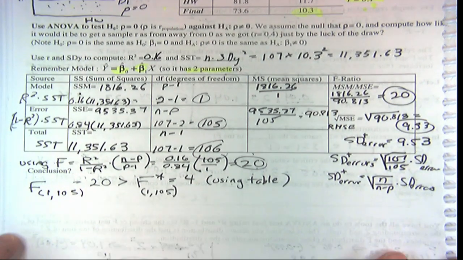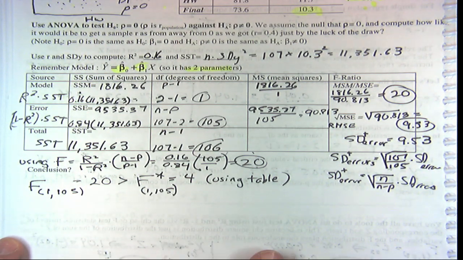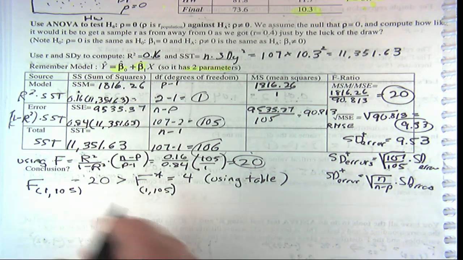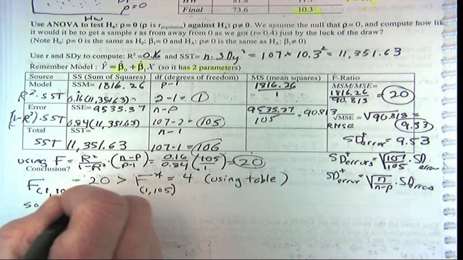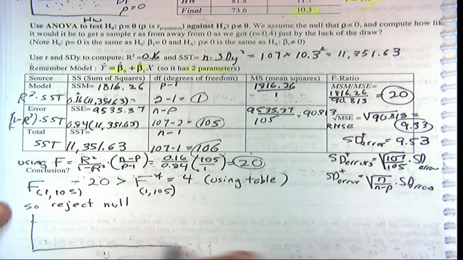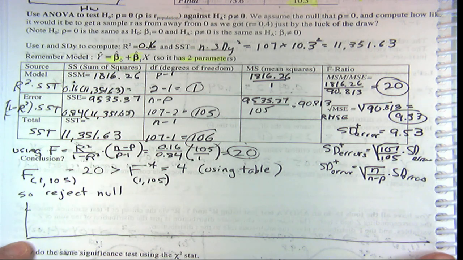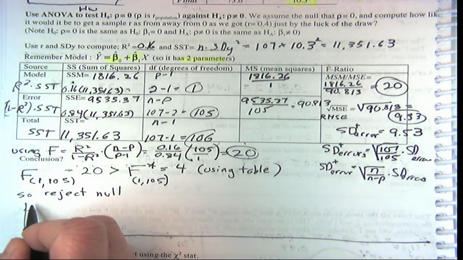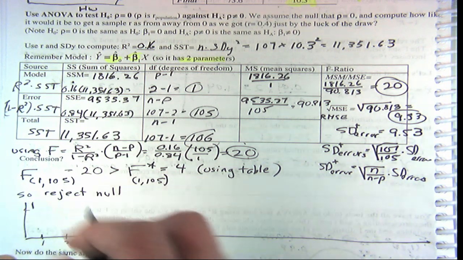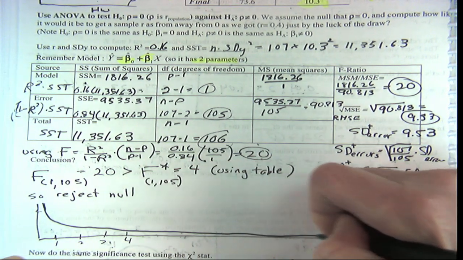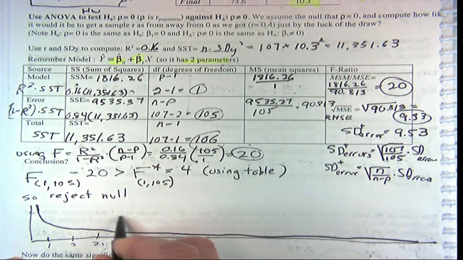Now, are we going to reject the null? This is much greater, so yes, we're going to reject the null. Reject the null big time. Because look what it's going to look like. We've got 20 and 4, and 4 is F star.